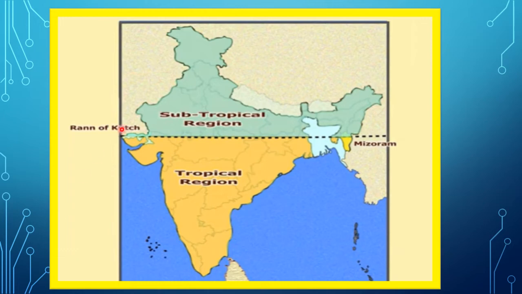Almost half our country lies south of the Tropic of Cancer, which is the tropical region, and the remaining half in the north lies in the subtropical region. The tropical regions remain hot, whereas the subtropical region is less hot. So India's climate has the characteristics of both tropical and subtropical climate.